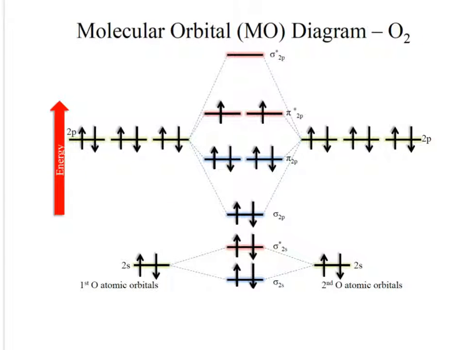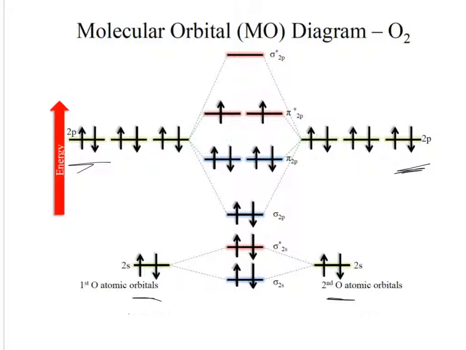Okay, here's the molecular orbital diagram for oxygen. So we've got 2 levels now. We've got a sigma level down here, and we've got the pi's, because these are the valence electrons of oxygen. So electrons in O2 are contained within bonding and anti-bonding molecular orbitals.